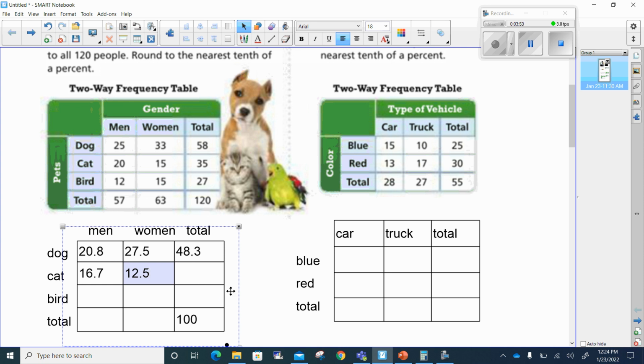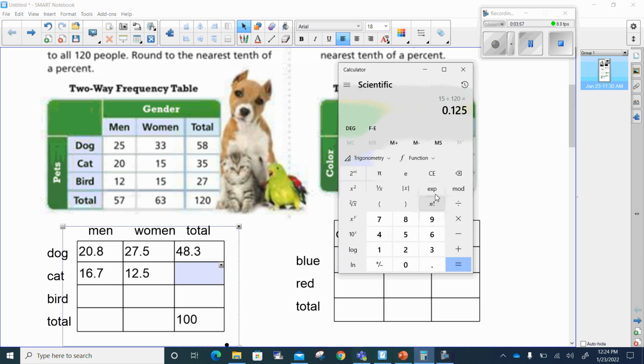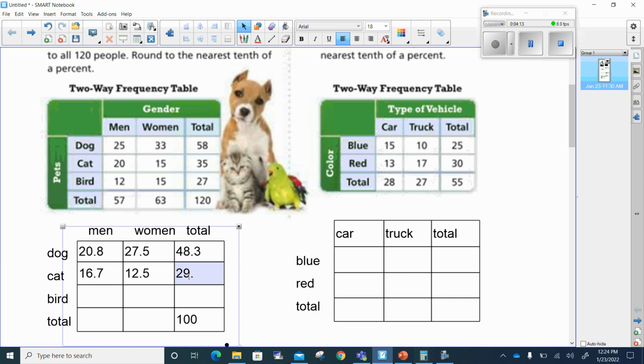35 divided by 120 is 29.1, and then the 6 gets rounded up. So this would be 29.2. Exactly what we said. Let's go to the number of men who have birds.